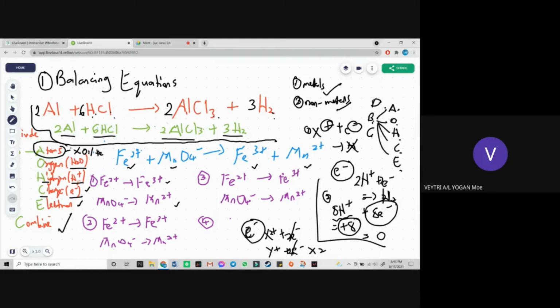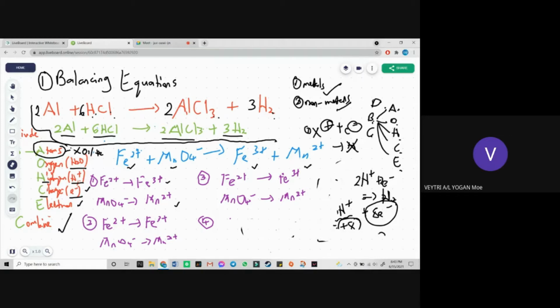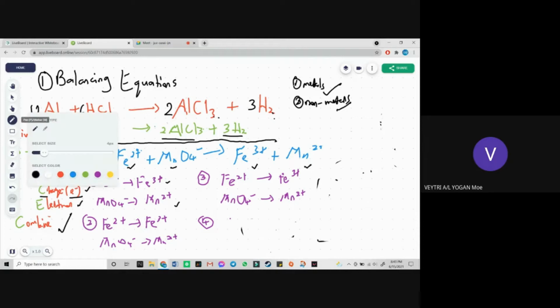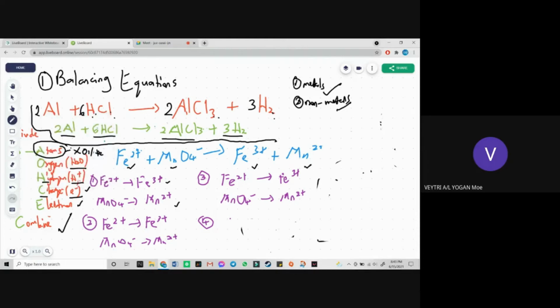Now, let me just erase this a little bit. Let's have a look at the example. All right, when we are talking about the example, number 1, you have to take a look whether the example given is a redox reaction or a reaction without charges.